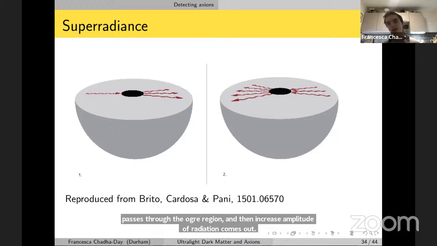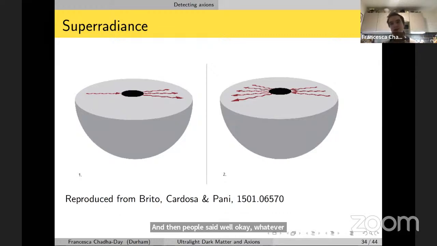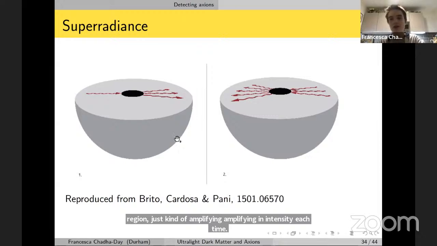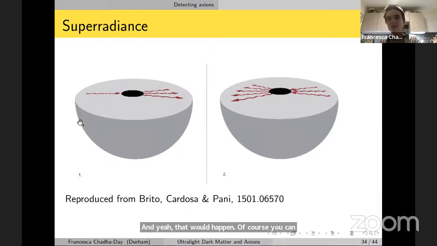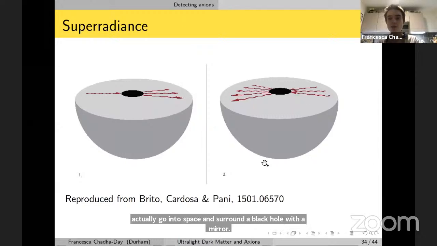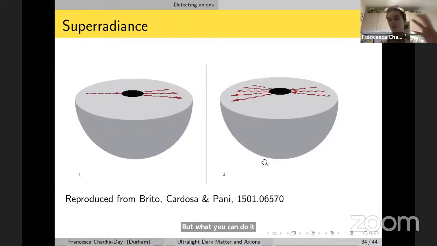And then people said, well, what if I surrounded my black hole by a mirror, and I could then have these particles being bounced back and forth through the ergo region, amplifying and amplifying in intensity each time. And yes, that would happen. Of course, you can't actually go into space and surround a black hole with a mirror. But what you can do is think about a particle with a mass.